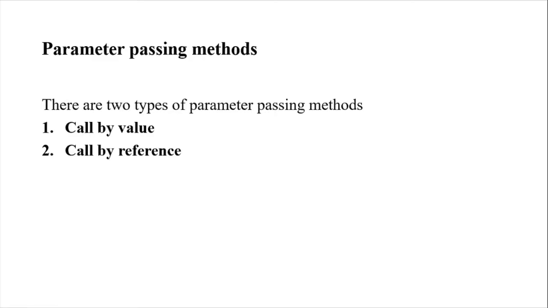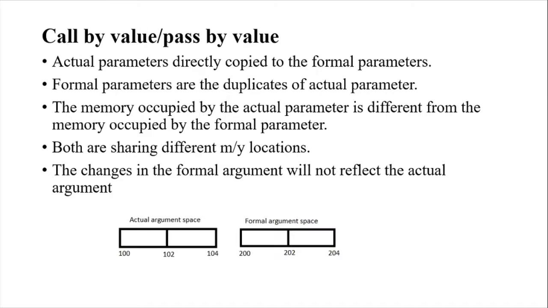So the parameter passing methods are two types, call by value and call by reference. So what is call by value? That we have already discussed. Call by value or pass by value means the actual parameters are directly copied to the formal parameters.